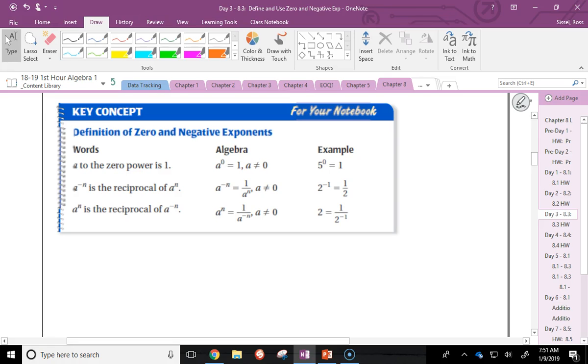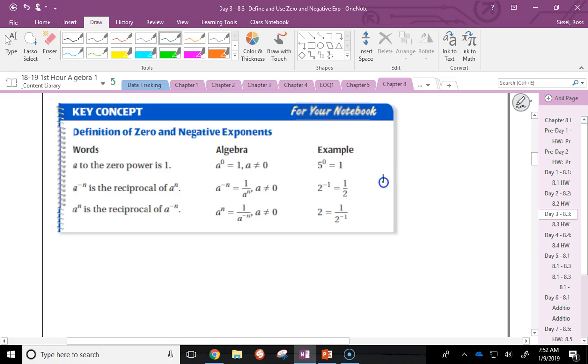Why can a not equal 0 on this example? Why do I not want to have a on the bottom of mine be 0? What happens if it does become 0? What do we call that? Close. Not unreal. Undefined. You're getting there.